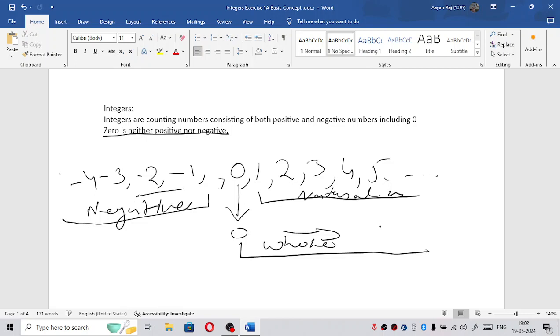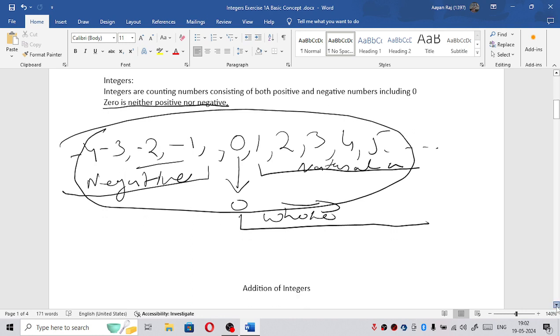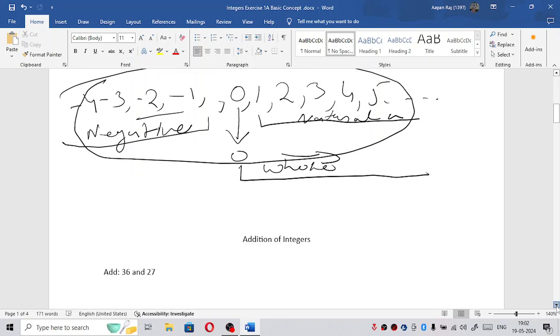So integers include natural numbers, whole numbers and negative numbers. This makes sense, right?